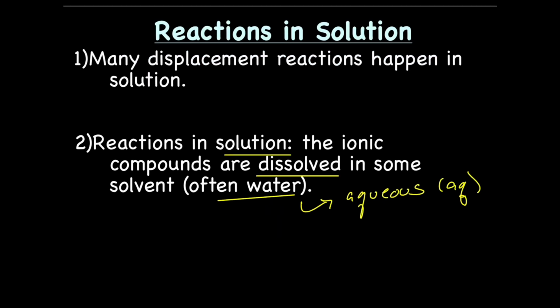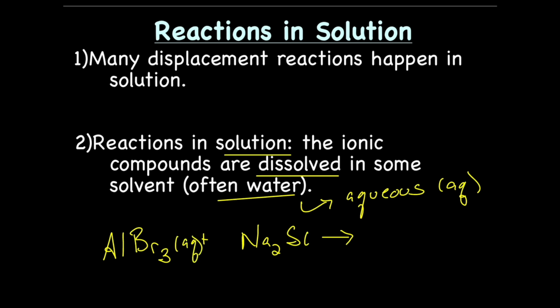So for example, we could have the reaction AlBr3, or aluminum bromide, plus Na2S, or sodium sulfide.